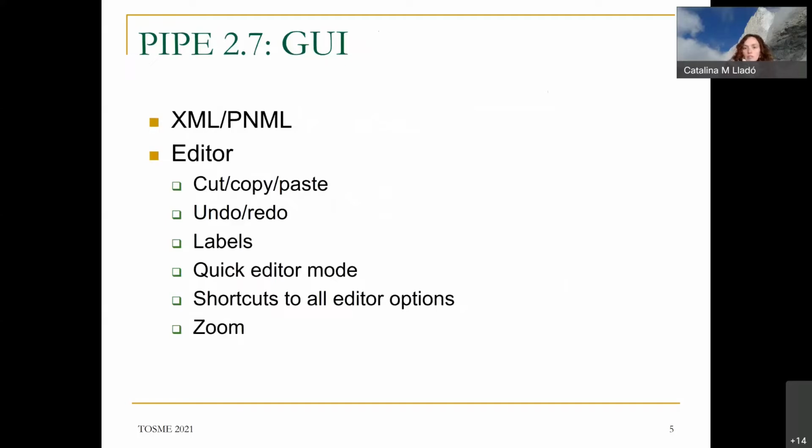So an overview of the GUI: it is based on XML or PNML, following the PNML standard. The editor has basically the normal features: cut, copy, paste, undo, redo, zoom, shortcuts to editor options, quick editor modes.